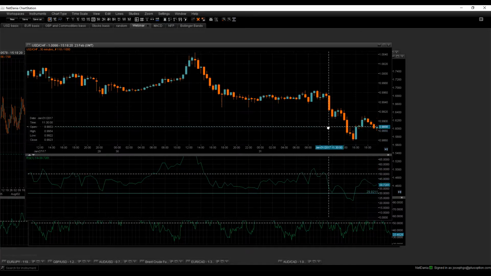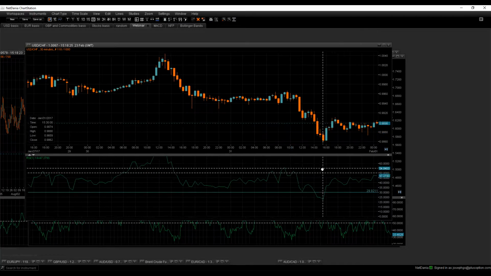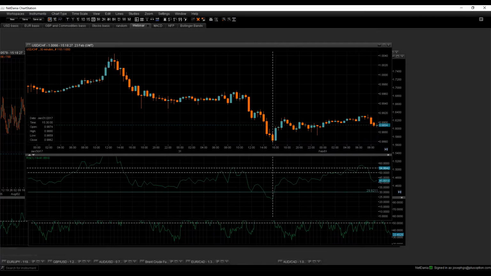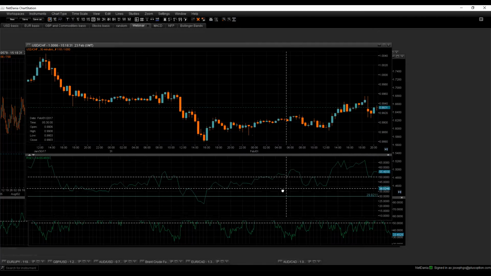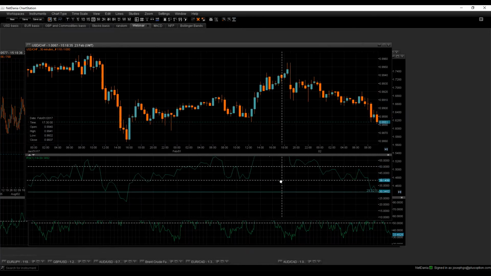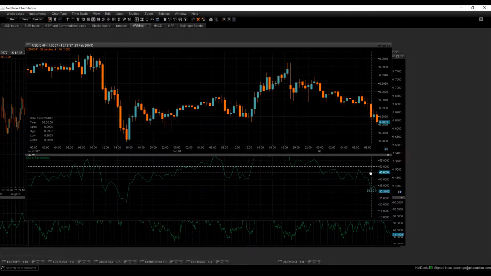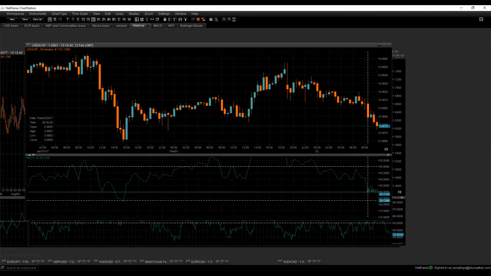Let's see if we have another example. And once again, we're watching down here on the RSI. We're waiting for that RSI to drop below 30, indicating to us that the asset is oversold. And now we see it cross below 30.